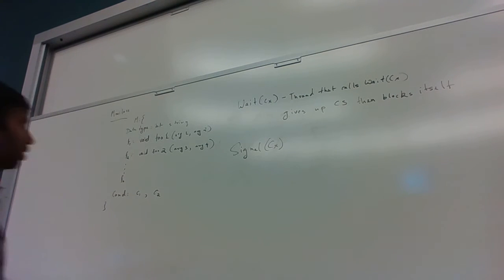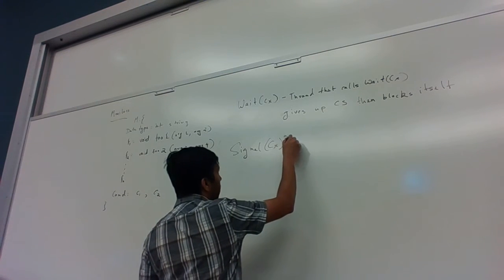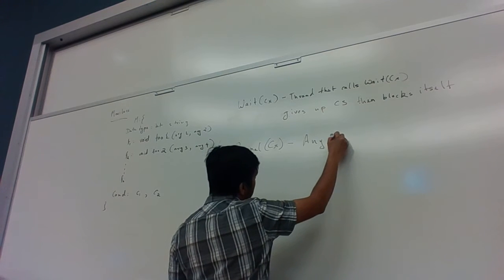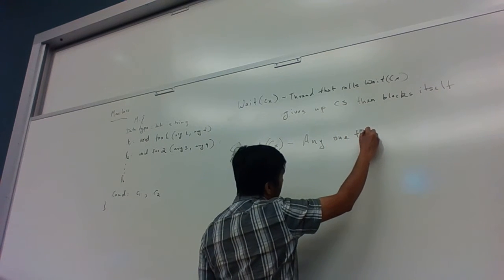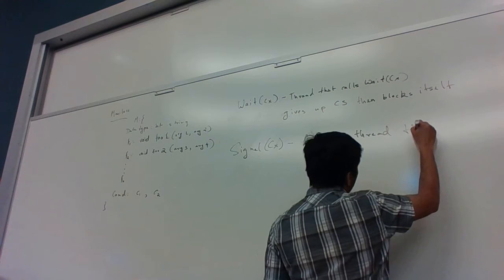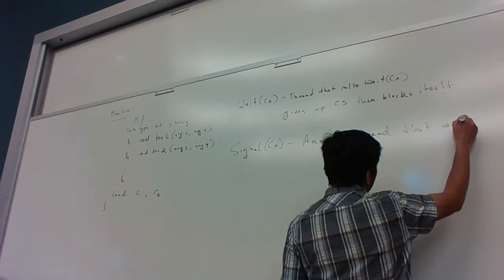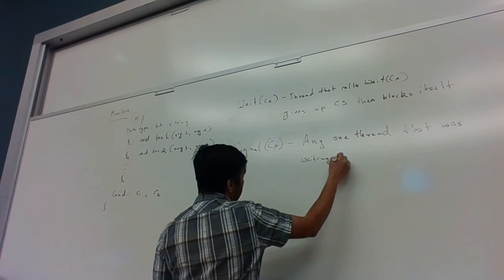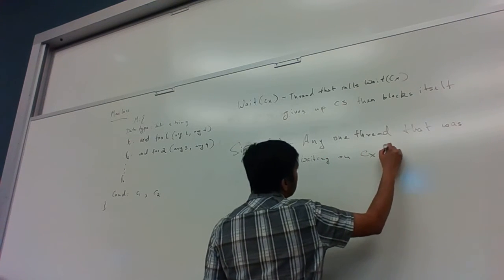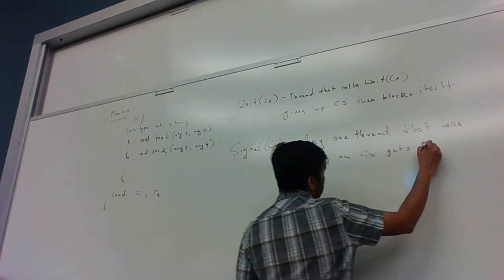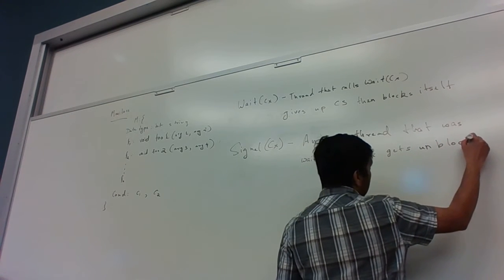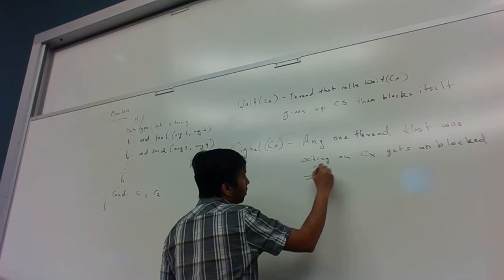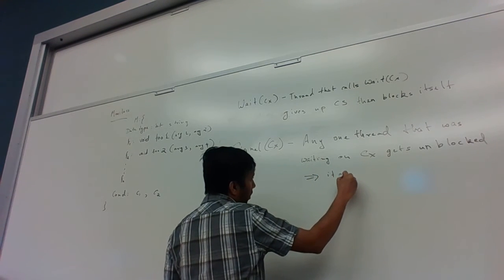So when some other thread calls signal Cx, any one thread that was waiting on Cx gets unblocked. And when it gets unblocked, that implies it finds itself in the critical section, or it gets the critical section.